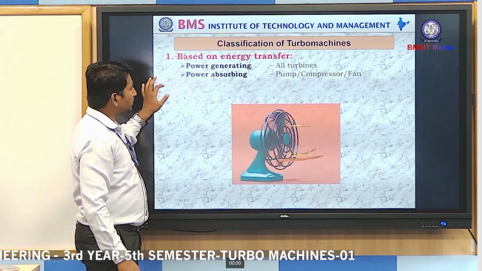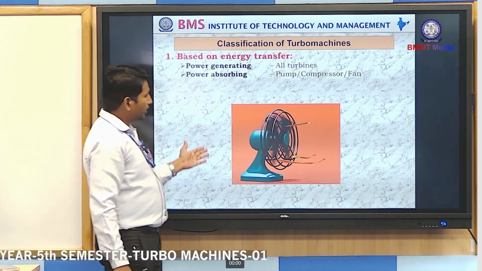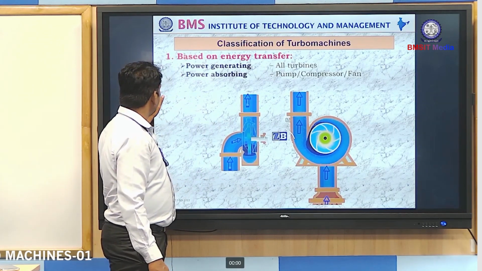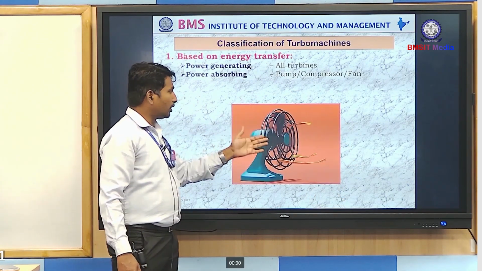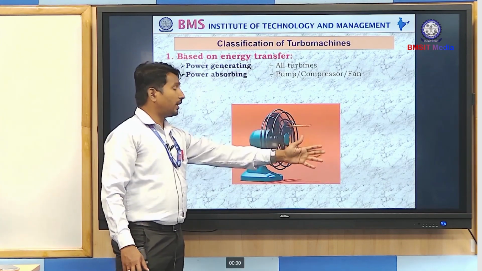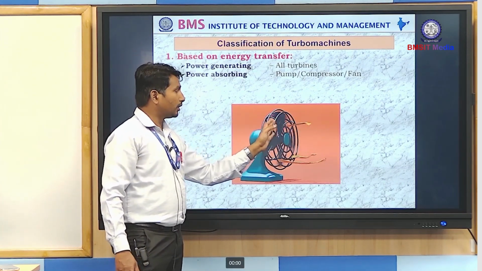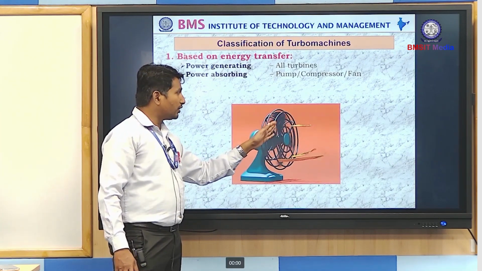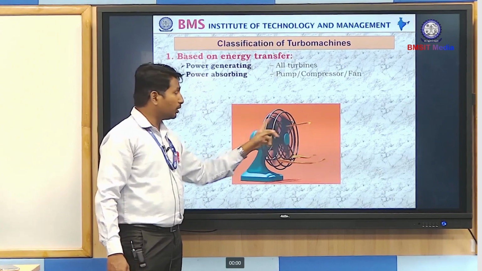Next example is the fan. For this fan, we supply electricity. Because of the electricity supplied, the blades start rotating and throw the air outside. So air is the working fluid and the rotating element is the blades. This blade is rotating not because of the air, but because of the power supply.